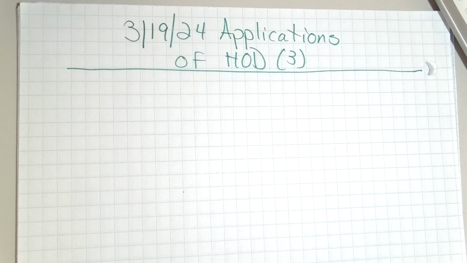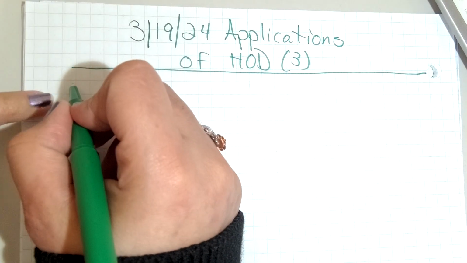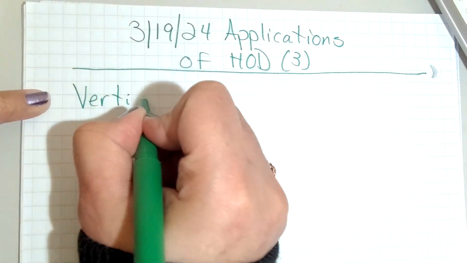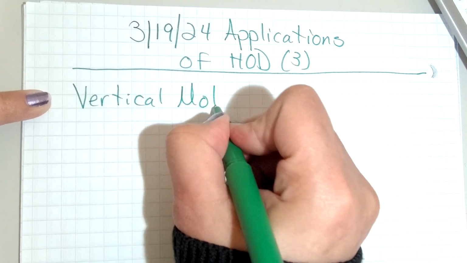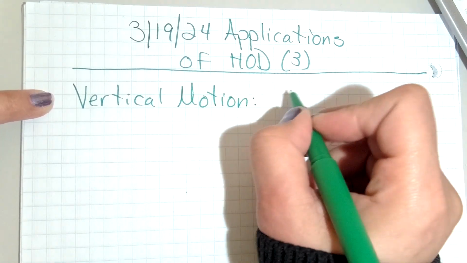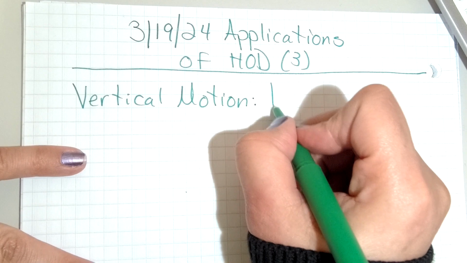Okay. Before we get into today's examples, we need some formulas and some vocabulary. We're going to be talking about vertical motion. We're going to be using formulas.